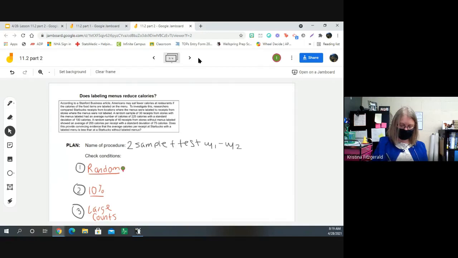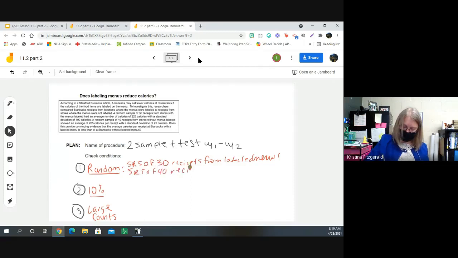All right, random. It's usually stated, so we could just say there was a simple random sample. I think it was 30 receipts from labeled menus. And then we have a simple random sample of 40 receipts from unlabeled, without a label.